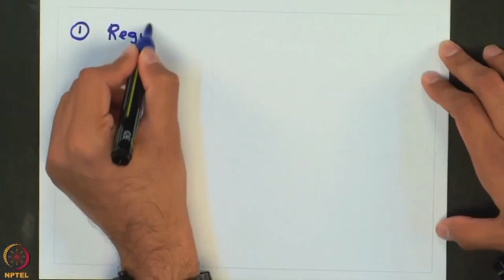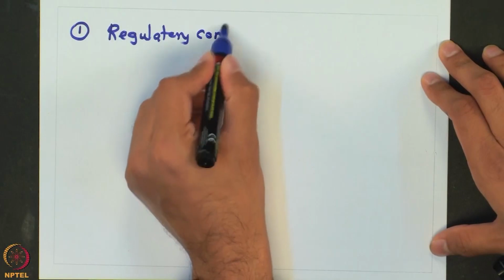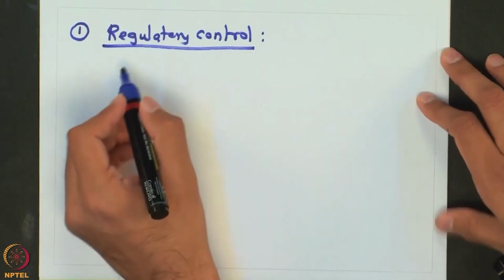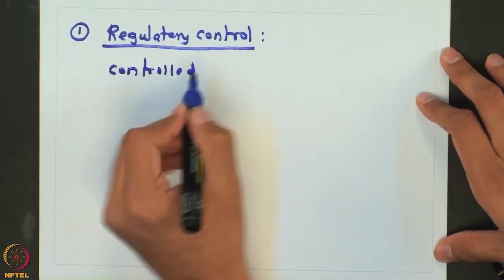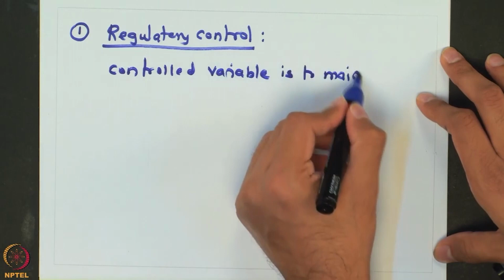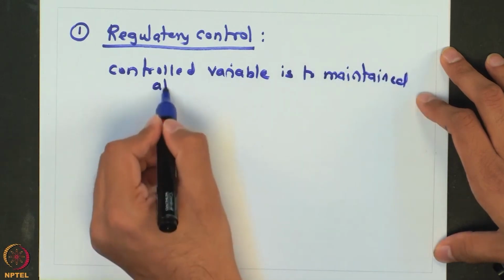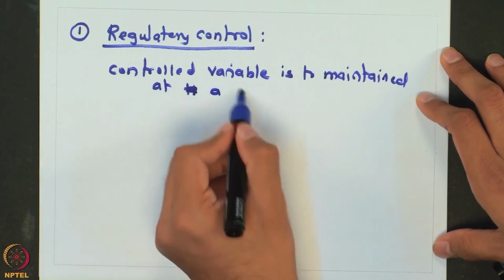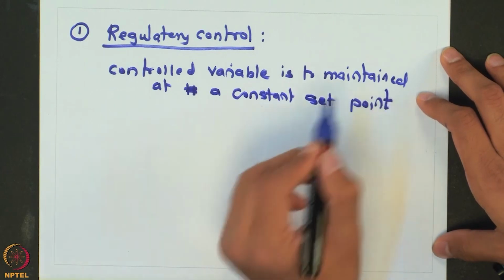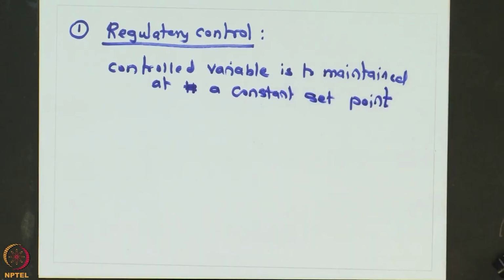The first type of problem is known as a regulatory control problem, wherein the controlled variable is to be maintained at a constant desired value or a set point, and it deals with disturbance rejection.